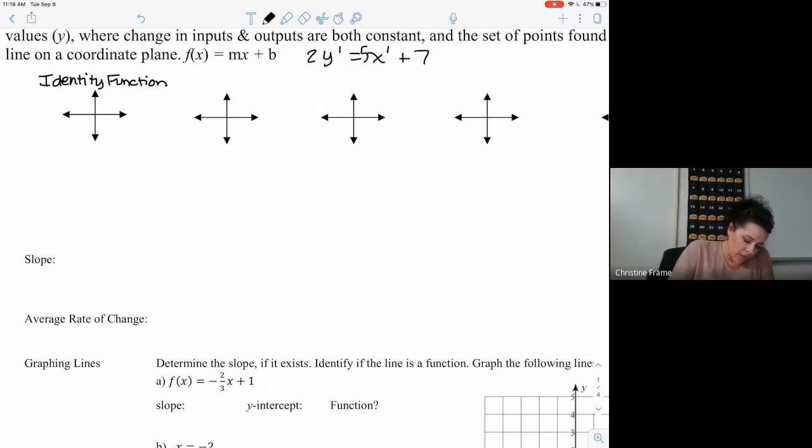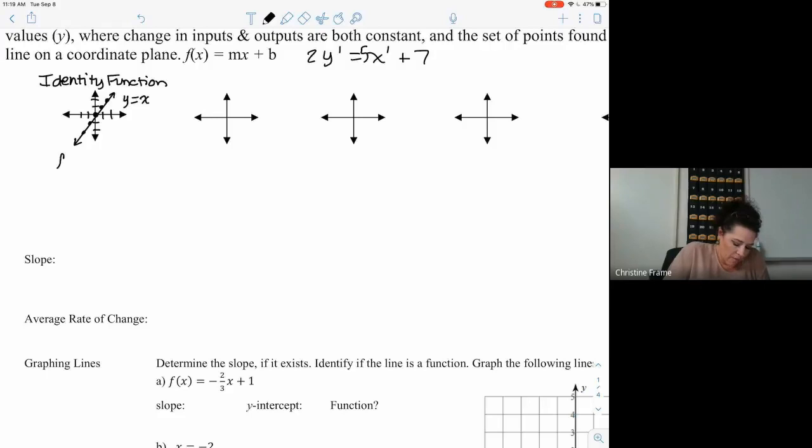And usually when we're graphing the identity function, it's going to cross the graph at 1, 1, 0, 0, 2, 2, negative 1, negative 1, negative 2, negative 2. Okay, the identity function says that y equals x. They are identical to each other. Whatever x is, y is identical.